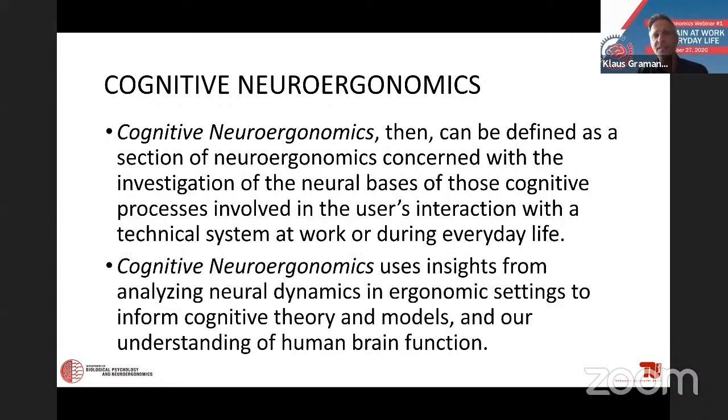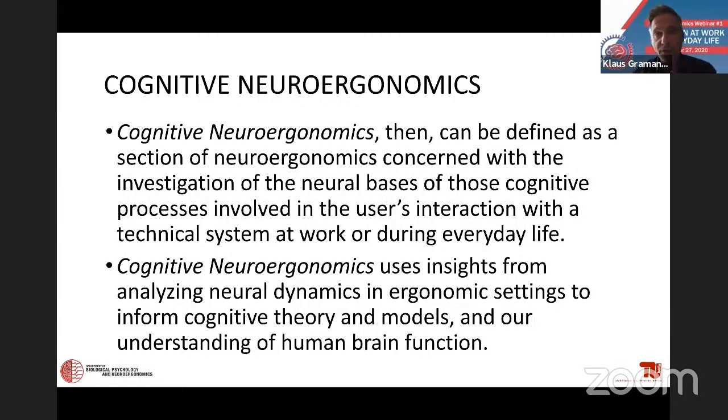First is that cognitive neuroergonomics uses insights from analyzing neural dynamics in ergonomic settings. So this is the place of investigation that we're talking about, that is the interaction with technical systems. But we use that to inform cognitive theory first. So we transfer our insights back to inform cognitive models and cognitive theory.